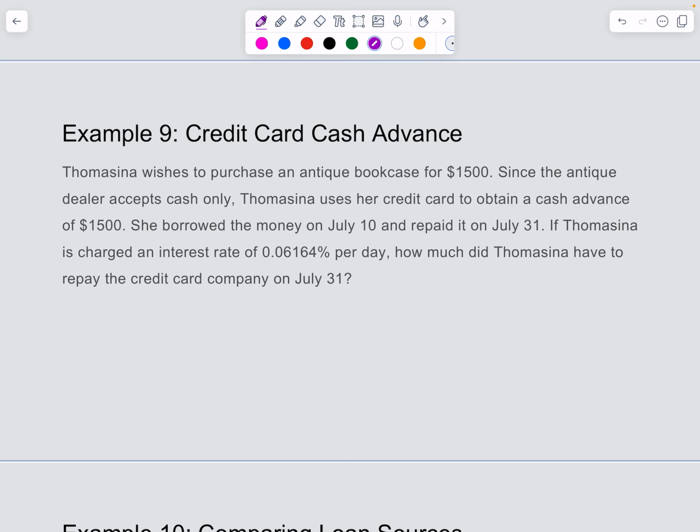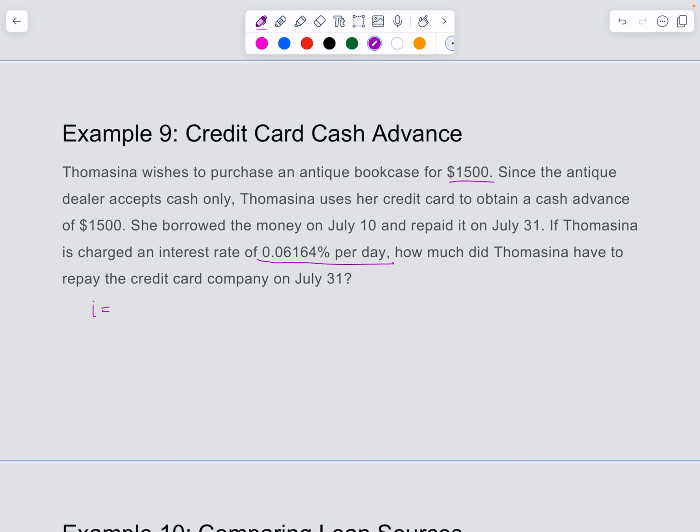So the amount that Thomasina pays is the original principal plus interest. And the interest is calculated for the exact number of days. So per day, and then we just find out how many days it was. So first I'm going to calculate the interest that she owes.